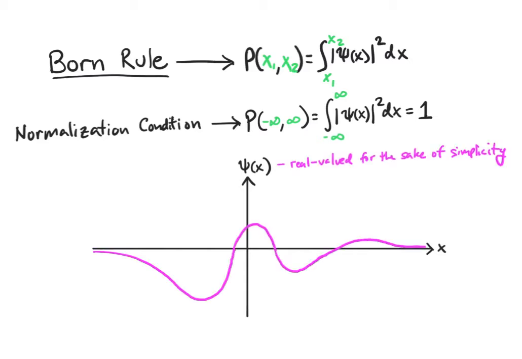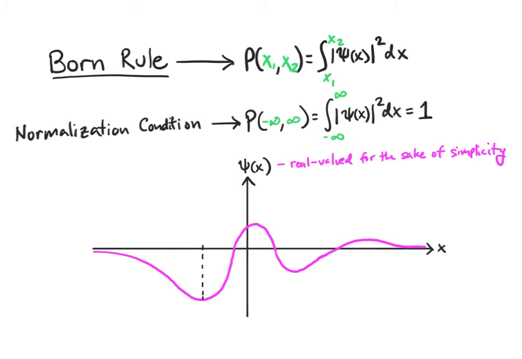If this is the wave function of a particle, then the most likely place to find the particle is right here. Remember that the probability density is the magnitude of the wave function squared. So the fact that this is negative doesn't matter. First we take the magnitude so it becomes positive, and then we square it.